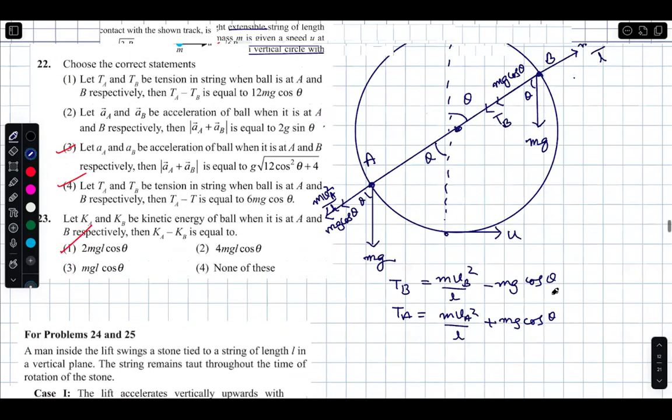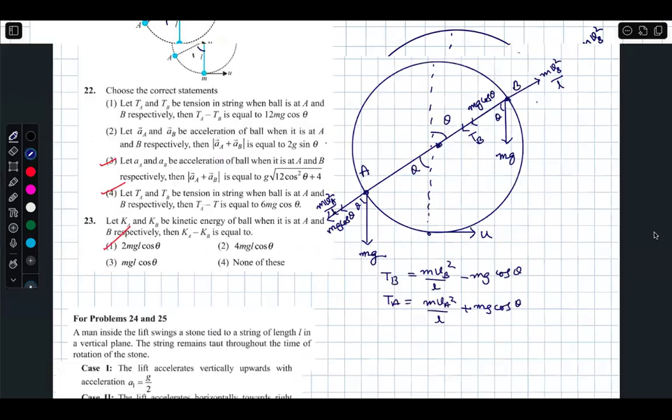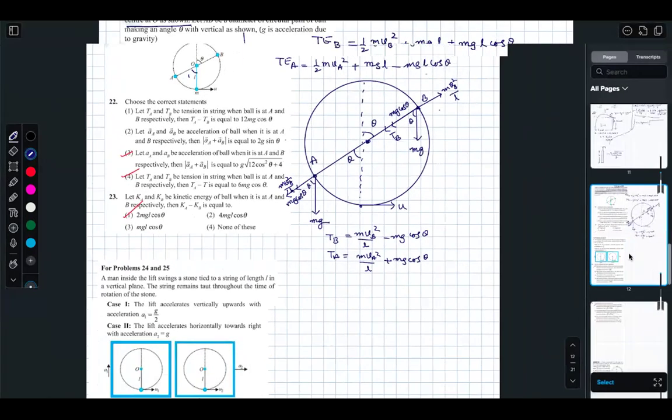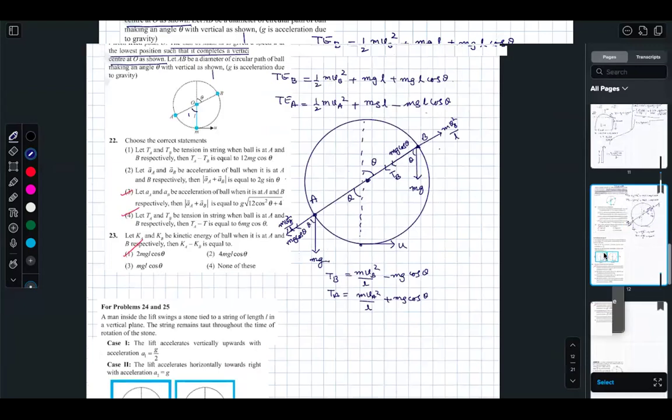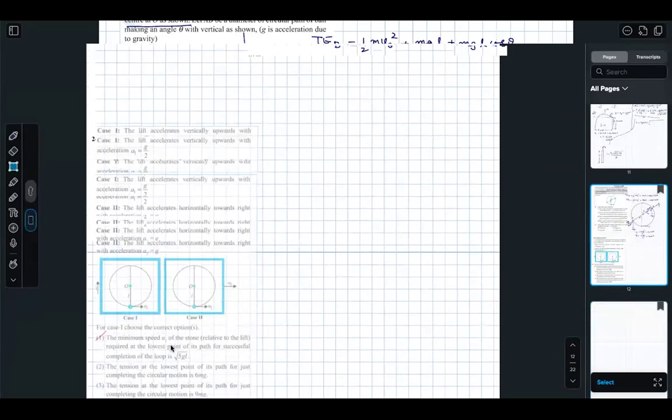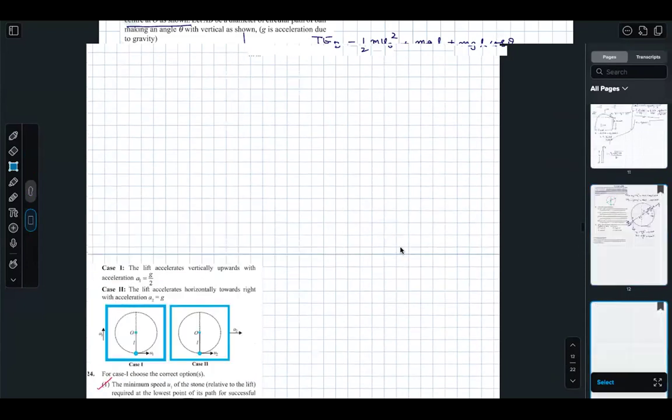Any doubt till this point? Sure. Right. Remember, this is going to be the turning point step.